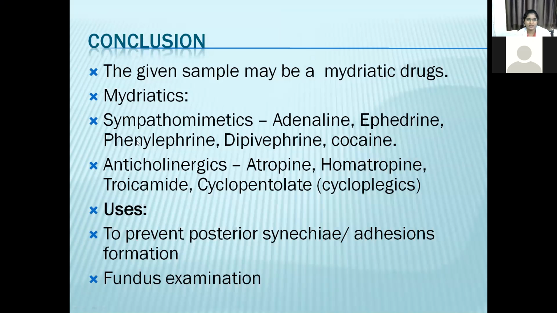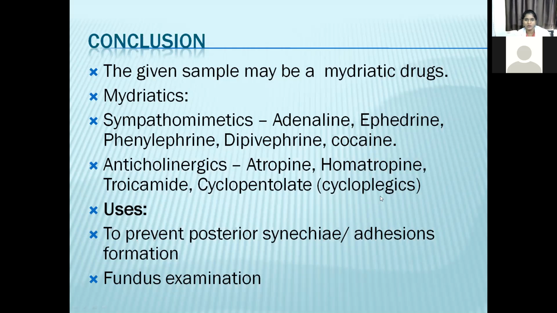What are the mydriatics? Sympathomimetic drugs and anticholinergic drugs. Sympathomimetic drugs such as adrenaline, ephedrine, phenylephrine, and dipivefrin, and the local anesthetic cocaine. And anticholinergic drugs: atropine, homatropine, tropicamide and cyclopentolate.